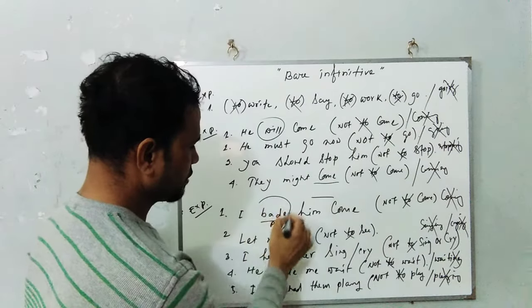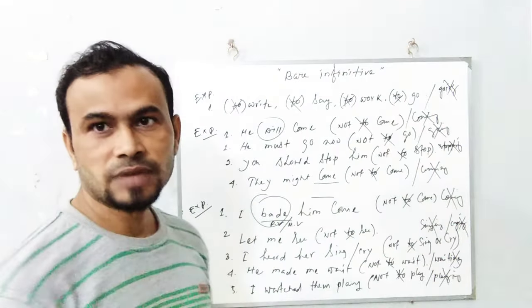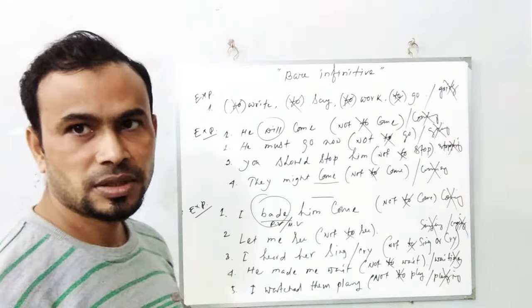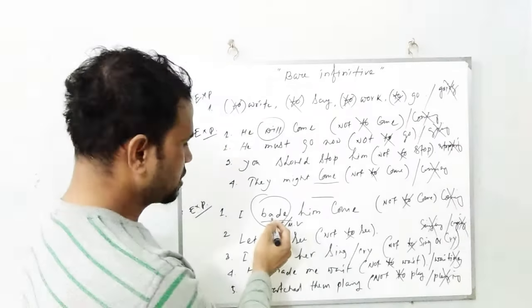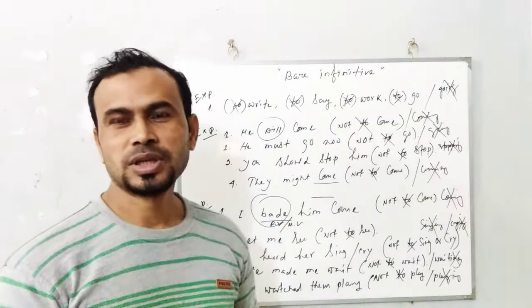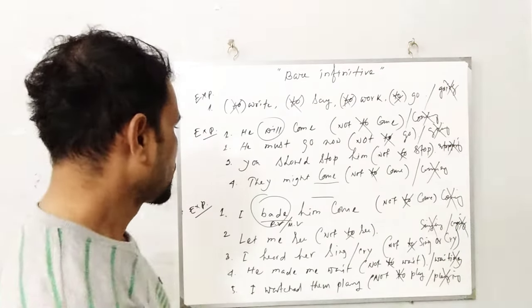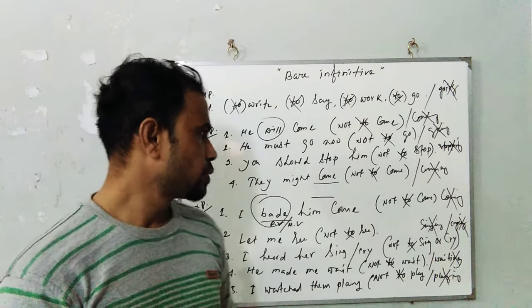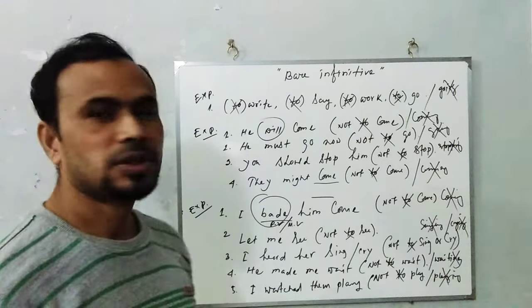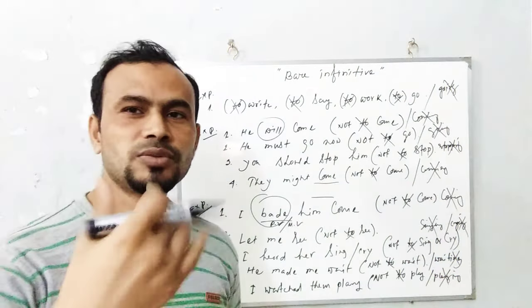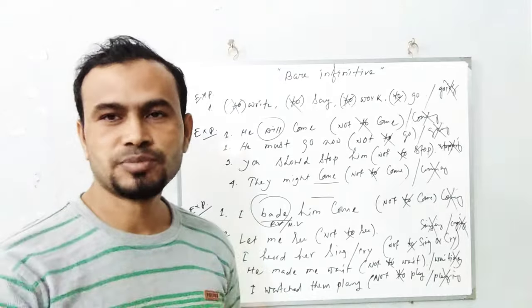So let's see: I bade him come. Here you can see, my friend, this verb I have already mentioned for you. Bid is the present form; it means farewell, to say goodbye to your friend at the airport.